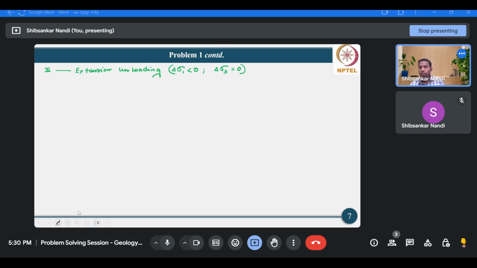So therefore, P0 is sigma 1 plus 2 sigma 3 by 3, Q0 is 0.